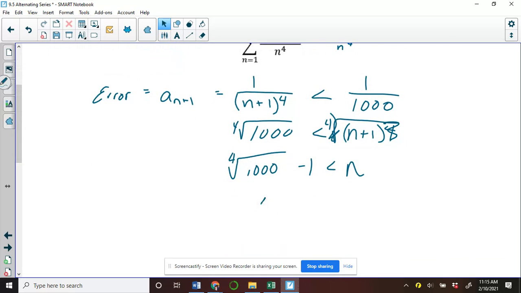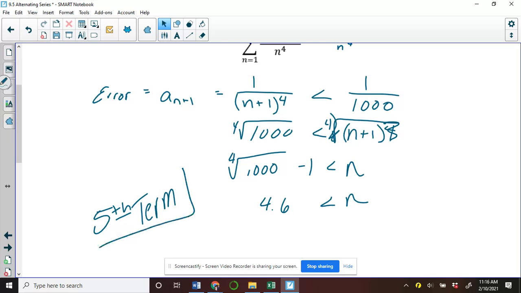And we get 4.6 must be less than n. So the 5th term is the one we're looking for then to give us an error less than 1 over 1,000.